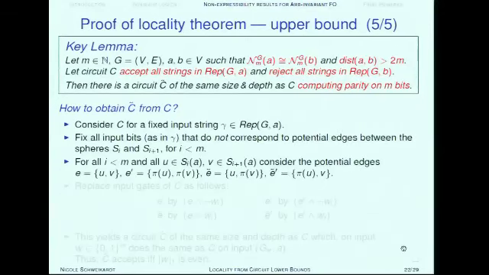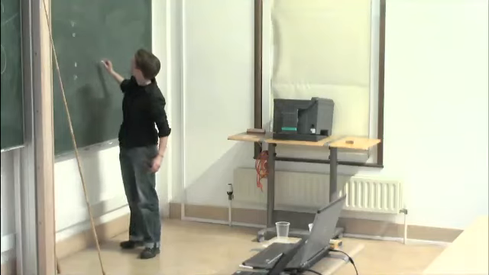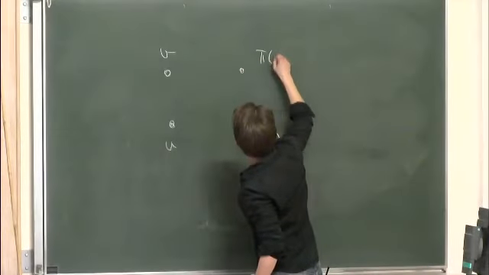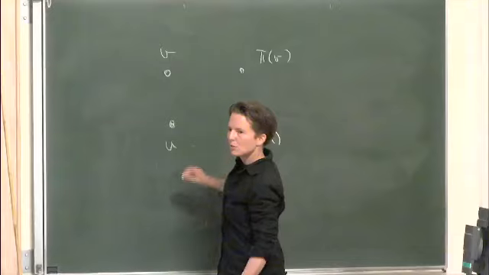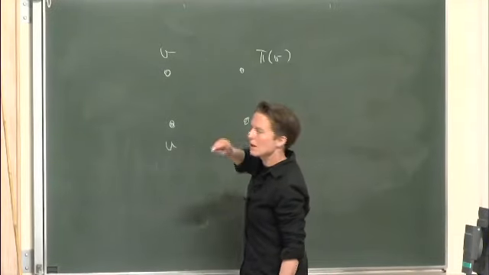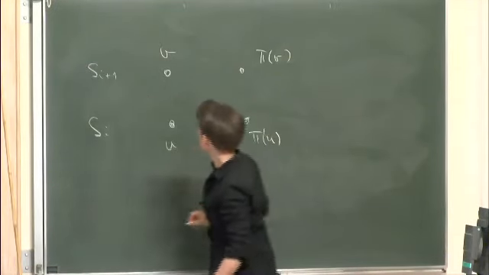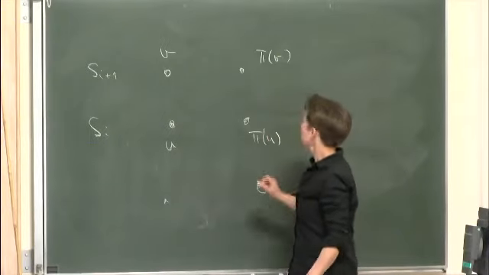And for all edges or potential edges between spheres, let's look at the situation. You have here node U, and there node V, and pi of U and pi of V. So which potential edges do we have between the ith shell and the i plus first shell around A and B?